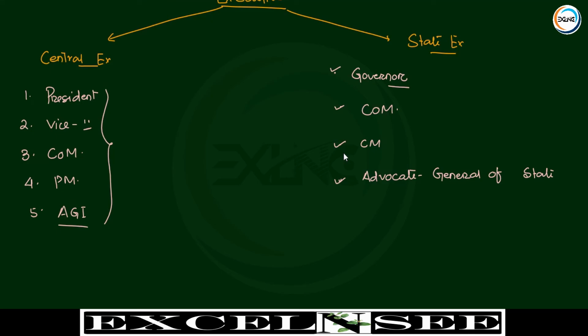So be passionate and try to understand the concept. Learn with me. Governor, Council of Ministers, Chief Minister, and Advocate General of the state constitute the state executive.